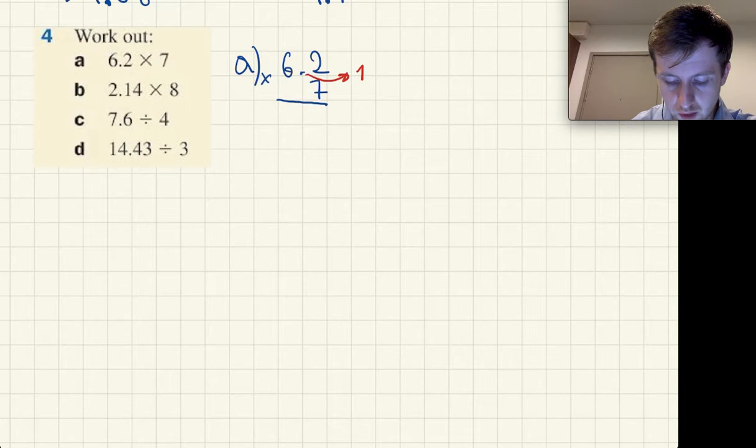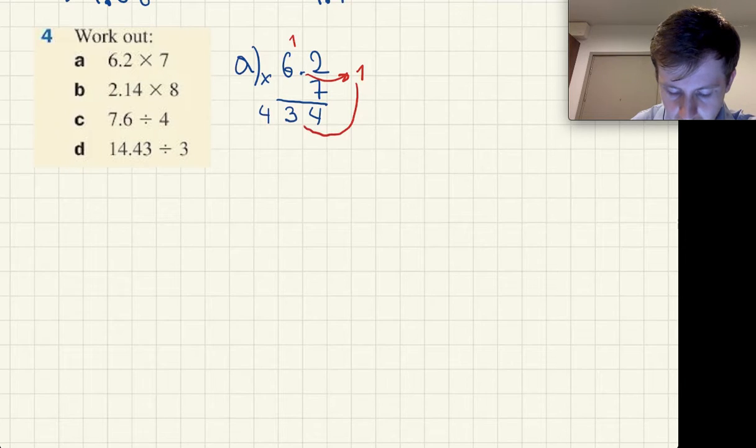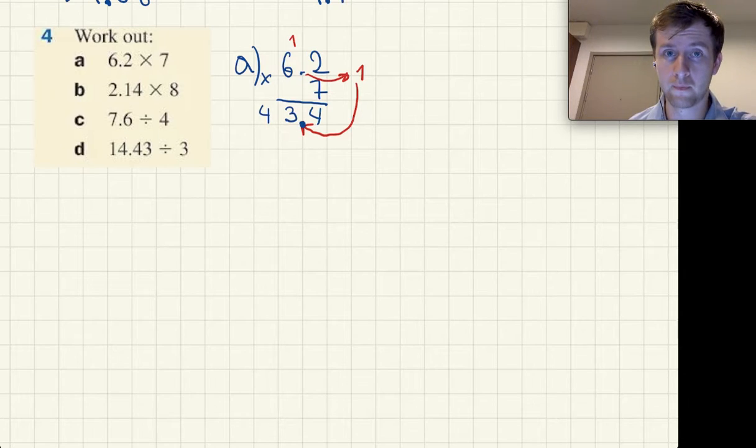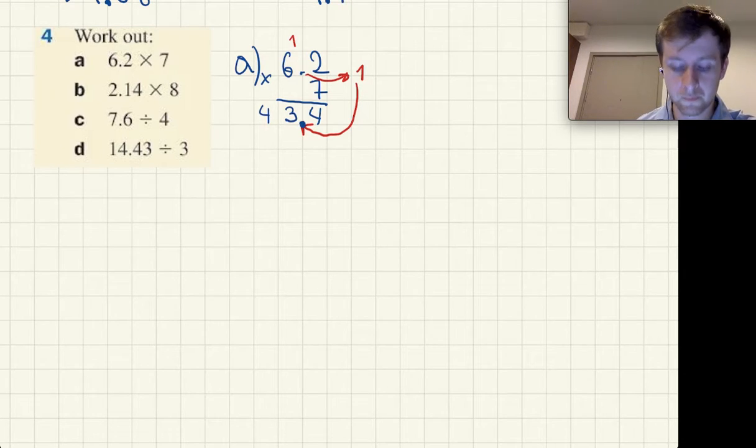So 2 times 7 is 14, right? 4 keep 1. 6 times 7 is 42, plus 1 is 43. So we get 434, but then we take the point back, only one step, not more than that. So the answer is actually 43.4.